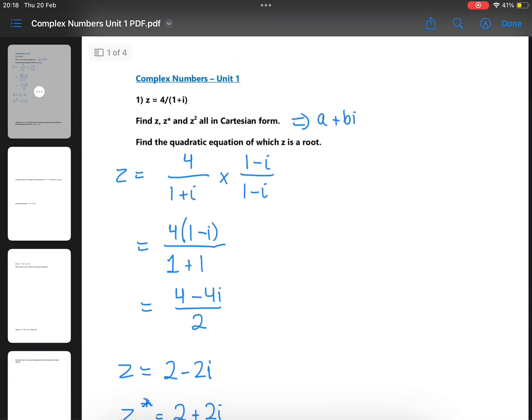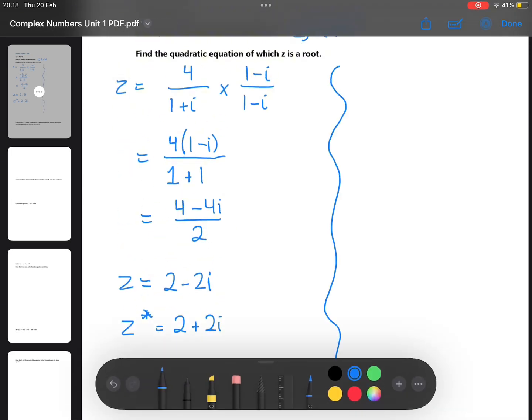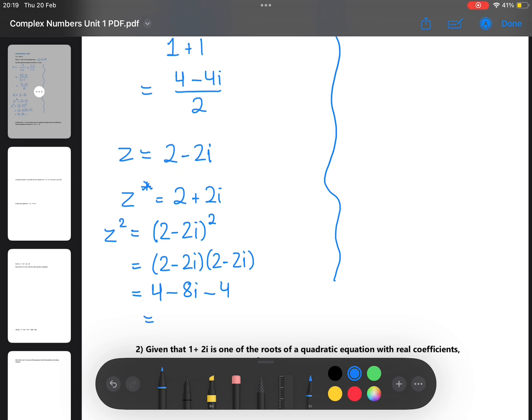And z squared, just split the page down the middle. z squared is going to be 2 minus 2i all squared, which is 2 minus 2i times 2 minus 2i, giving us 4 minus 8i, and then plus 2i squared is going to be minus 4, leaving us with simply minus 8i as z squared.